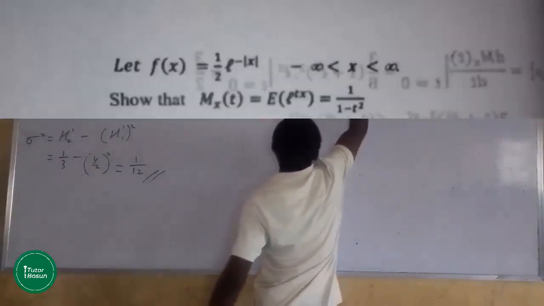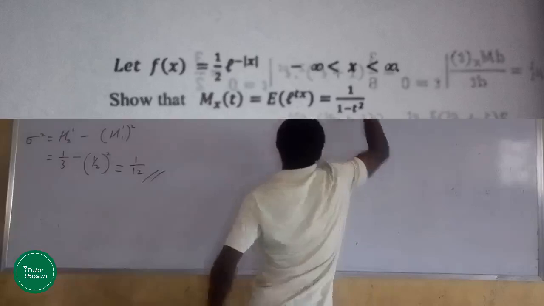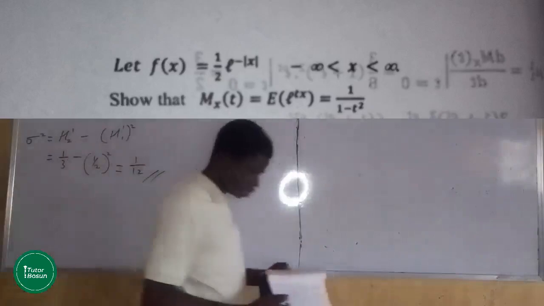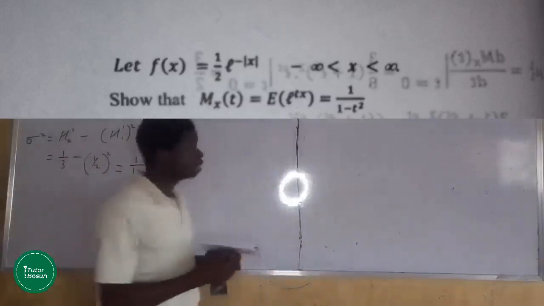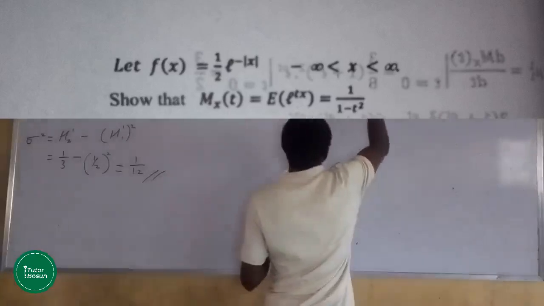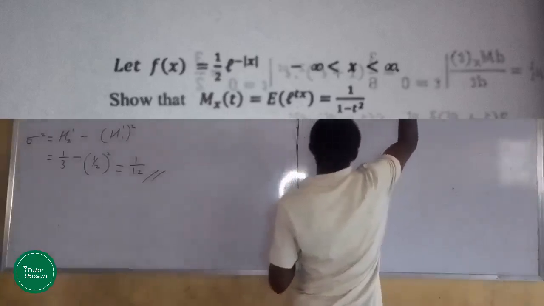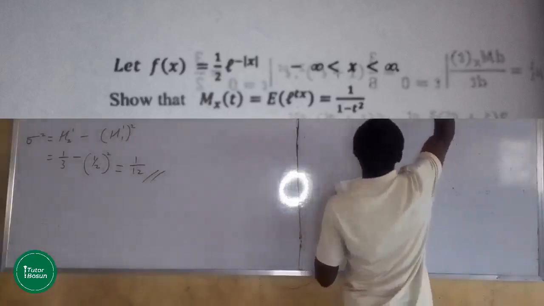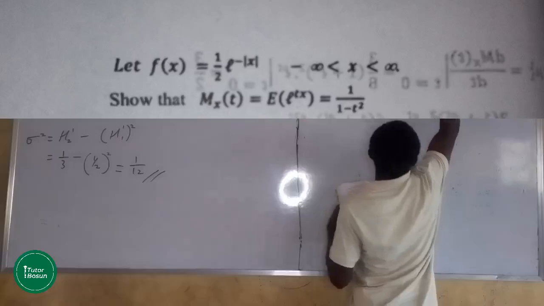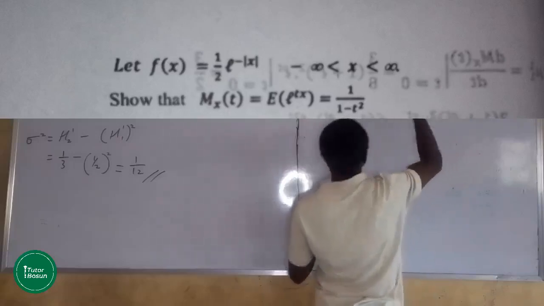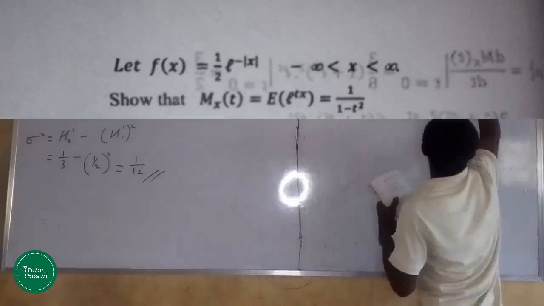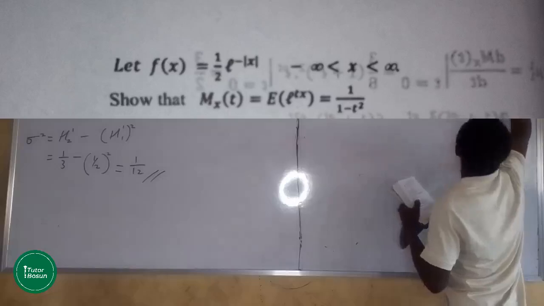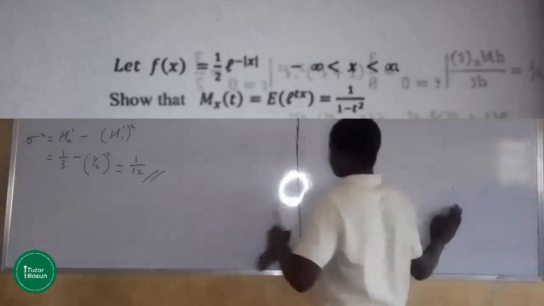This example says let f of x equals 1/2 exponential minus modulus of x, for minus infinity less than x less than infinity.